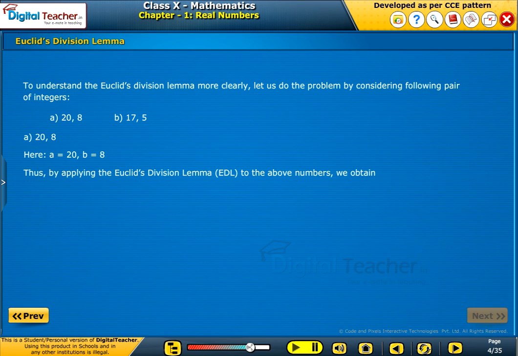Thus, by applying Euclid's division lemma, EDL, to the above numbers, we know that A is equal to BQ plus R. So when 20 is divided by 8, we obtain quotient Q as 2 and remainder R equal to 4. Substituting the obtained values of Q and R in the above expression, we obtain both LHS and RHS equal.